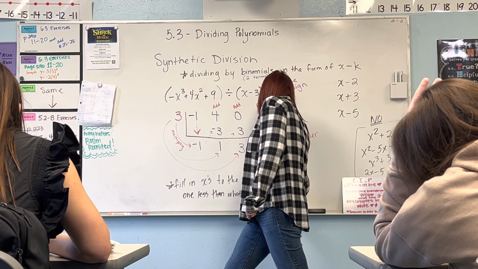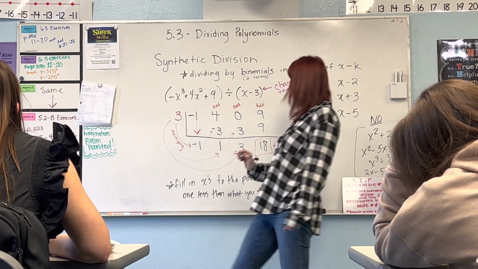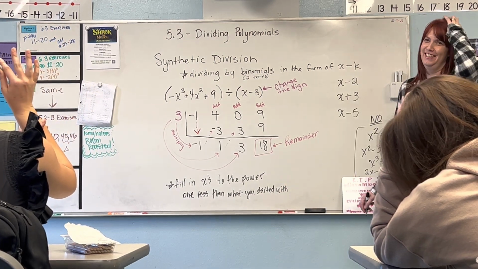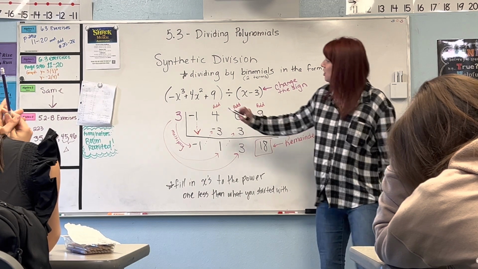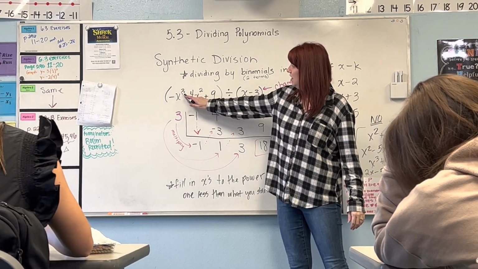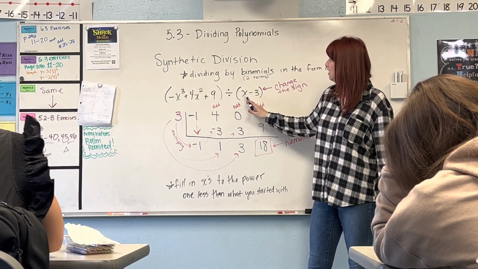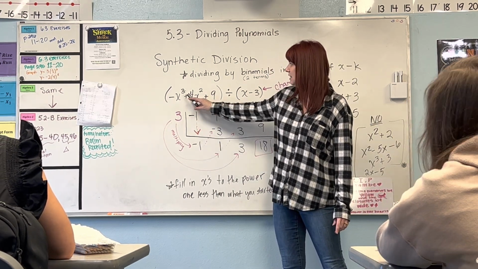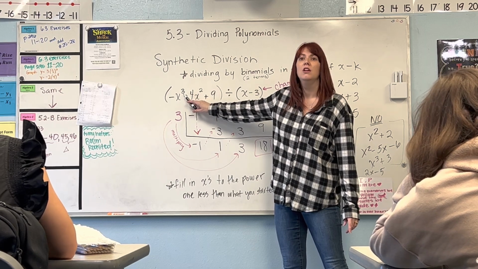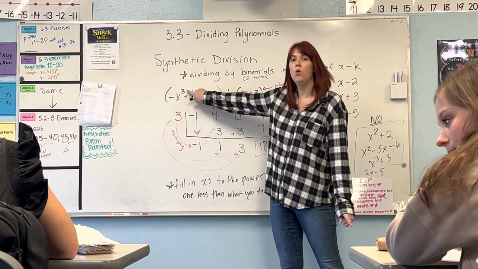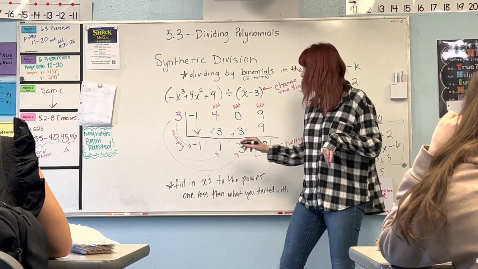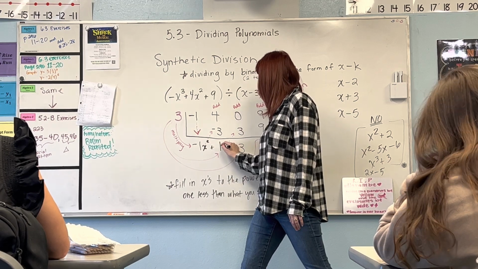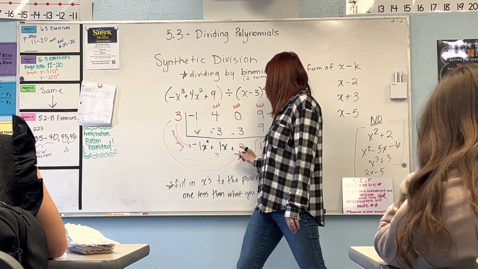So if we started with x cubed and we divided by just x, your answer is always going to be one less x than what you started with. So it's x squared. If this was a 4, we'd start with a 3. So we're going to put -x squared plus x plus 3.